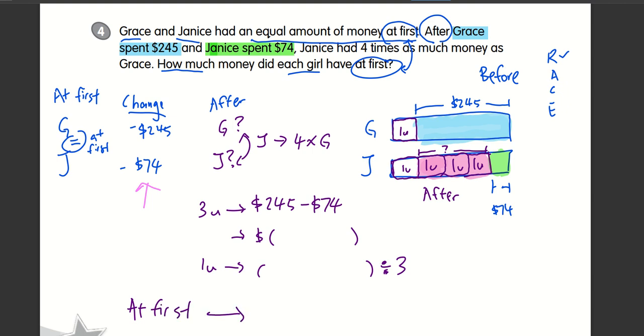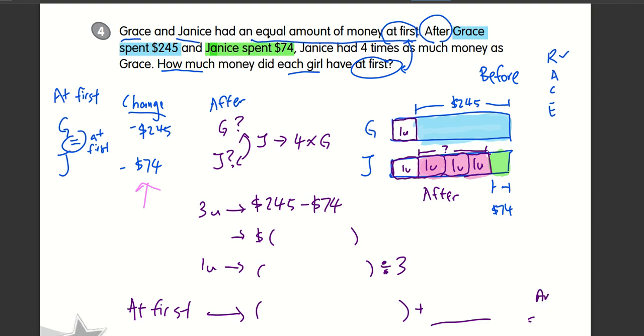You can use 1 unit for Grace plus her spending to get at first, or you can use, from that 1 unit, find Janice's 4 units and add her spending. I'll leave you to work on the remaining, and you get your answer.